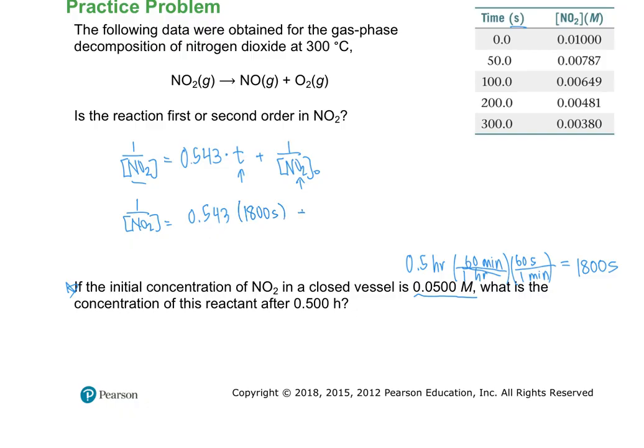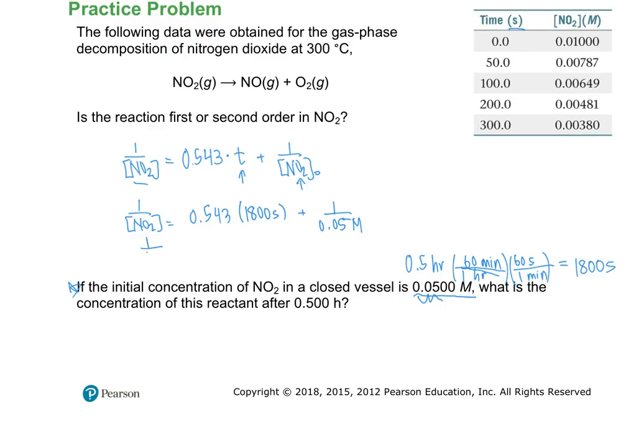And then we're going to plus 1 over my initial concentration, which we have a new initial concentration being 0.05 molar. So plugging that in to the calculator, we get that the 1 over the concentration of NO2 is equal to 997.4. So then what you're going to do to flip all of it over is hit inverse.